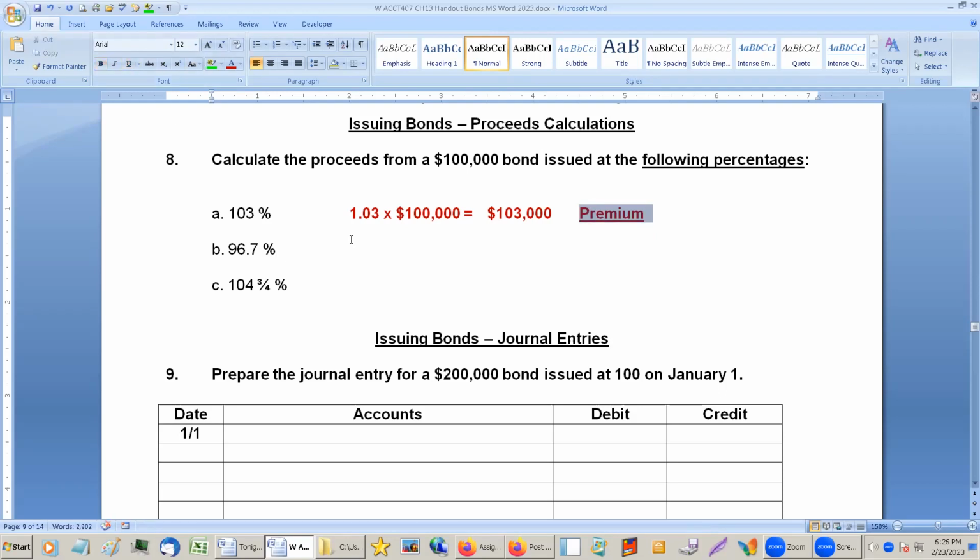All right. Coming down here, we have 97.